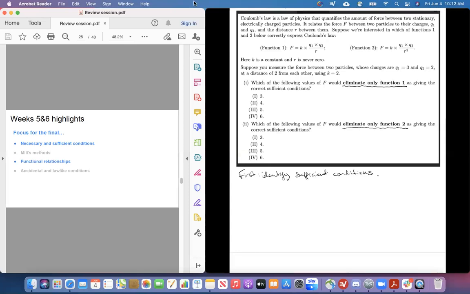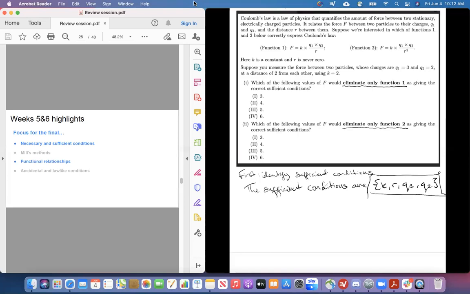The sufficient conditions are not just R, or just Q1, or R and K, or R and Q1 and Q2. The sufficient conditions are all of these values. Think of them as all together in a little collection. So we've got K, R, Q1, and Q2. This is the sufficient condition. It's all of these values.